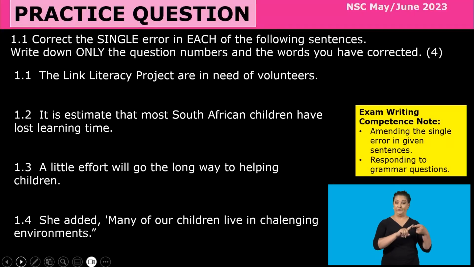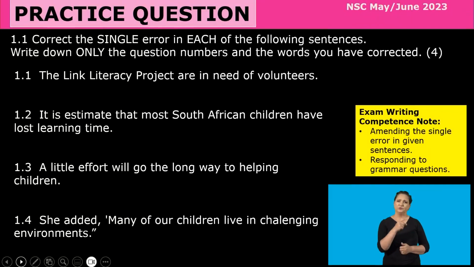So our first question says, correct the single error in each of the following sentences. Write only the question numbers and the words that you've corrected. Now, please take note. These instructions are very important because if you're writing too much information, you are not going to be able to finish on time. So make sure that you read your instruction very carefully. All right.